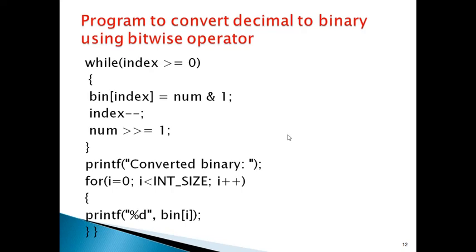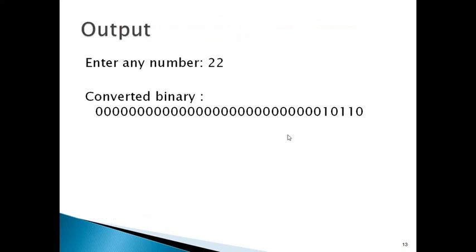To print the binary number, we are using a for loop: for i equal to 0, i less than INT_SIZE; i++, printf "%d", bin[i]. Now we will see the expected output of this program. We will enter any number.